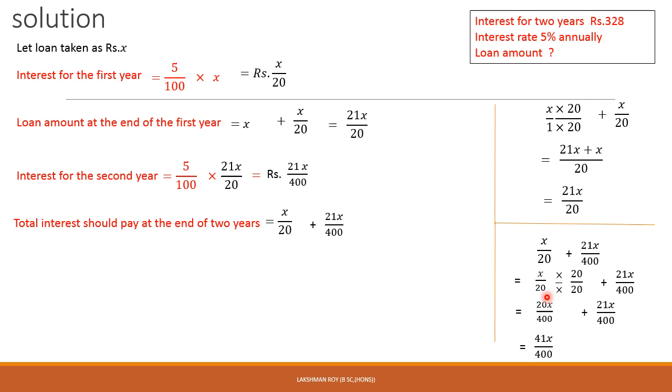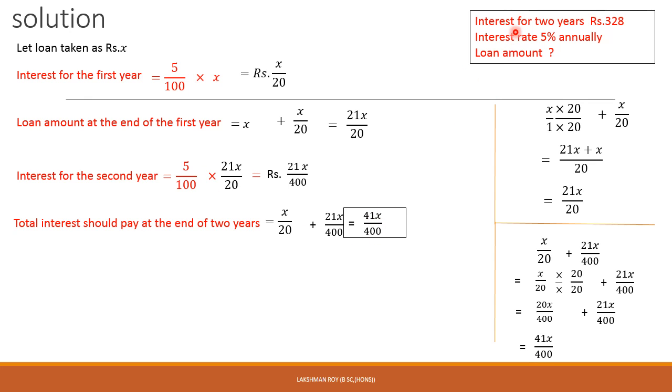Then 20x and 21x added is 41x. So that is the addition of x over 20 and 21x over 400, that is 41x over 400. Right? So that is the total interest. Now we found the interest for 2 years.